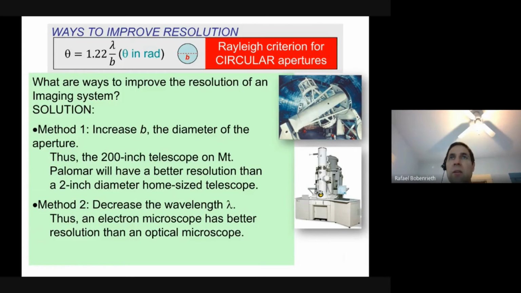And so I can get incredible resolution of images of the objects I'm shooting the electrons at. Okay, so those are two ways to improve the resolution of imaging systems.